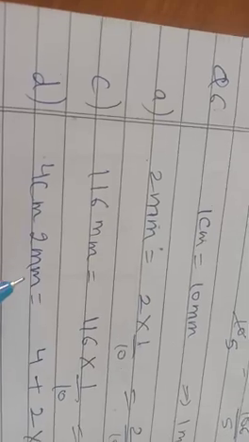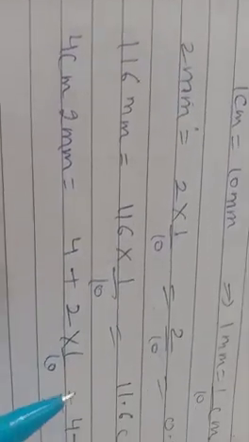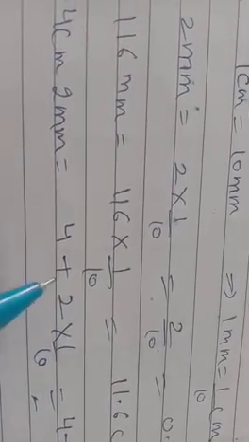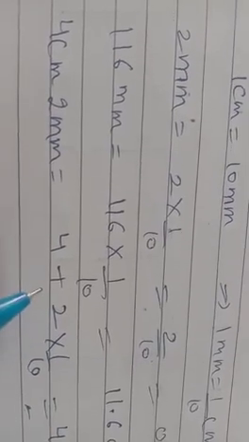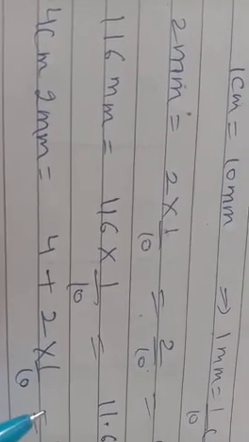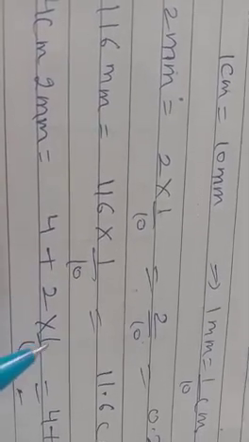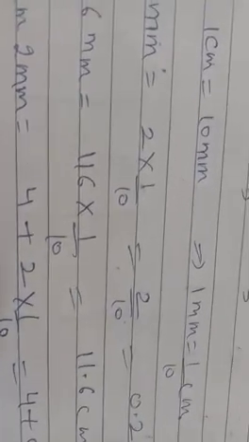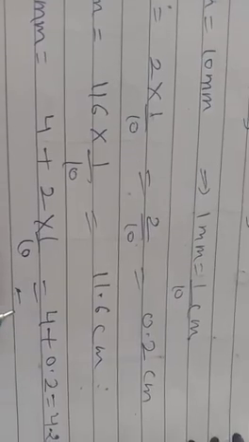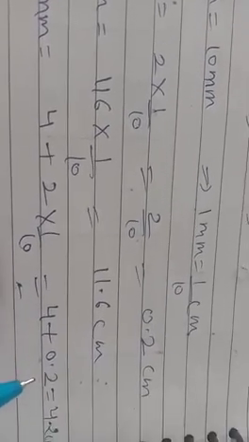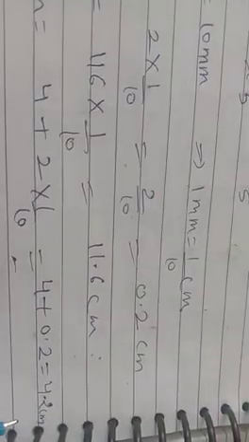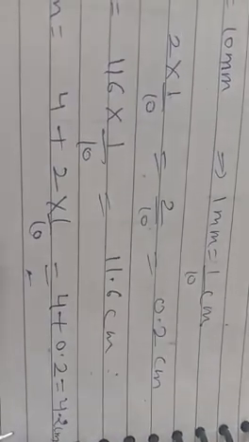We have to change 2 millimeter into centimeter. So what we will do, we will do 4 plus 2 multiplied by 1 by 10. So 2 multiplied by 1 by 10 can be written as 0.2. So we have 4 plus 0.2 is equal to 4.2 centimeter.